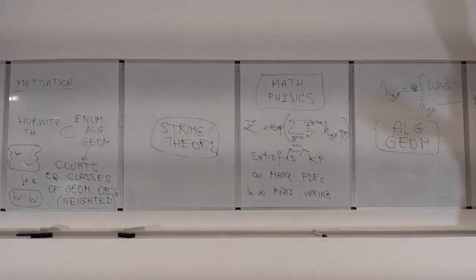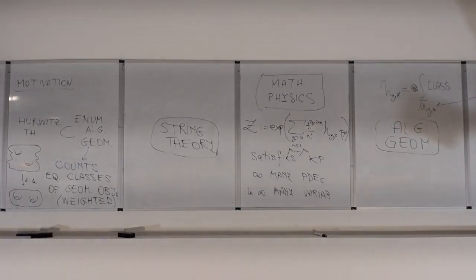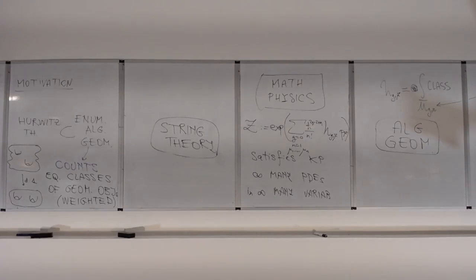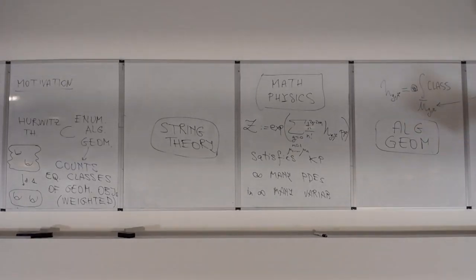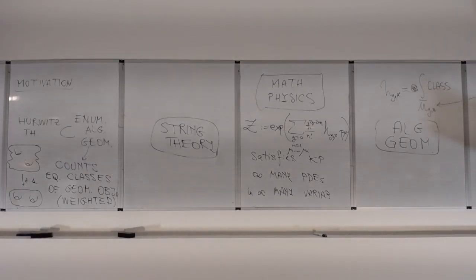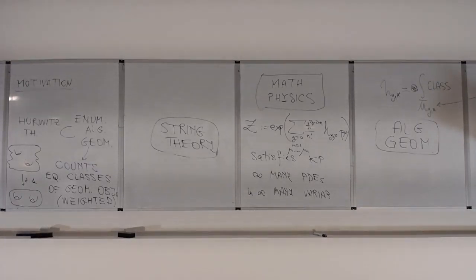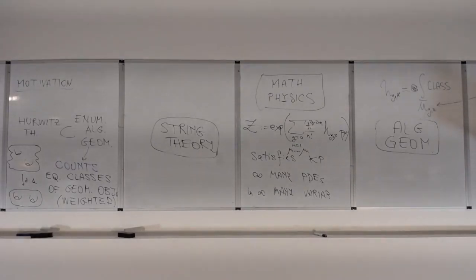So this guy, I want to think of it as the moduli space of curves. And you have some genus g and some marked points n, so p_1, ..., p_n.